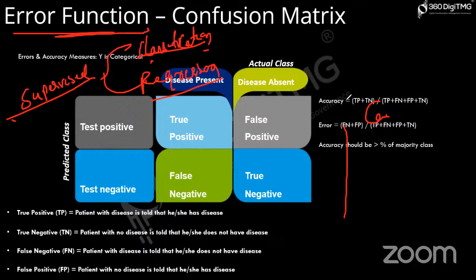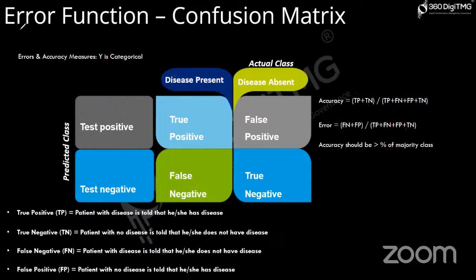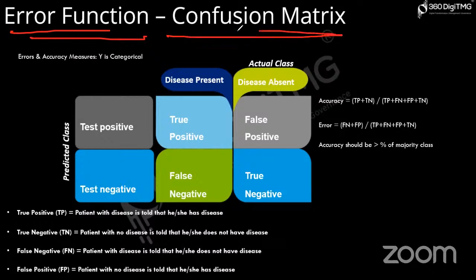Whenever that label data or output data is categorical or discrete, we call it a classification case. So for classification, we have an error function, that is the confusion matrix.